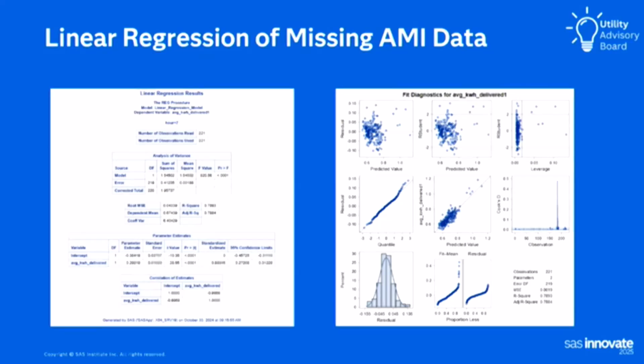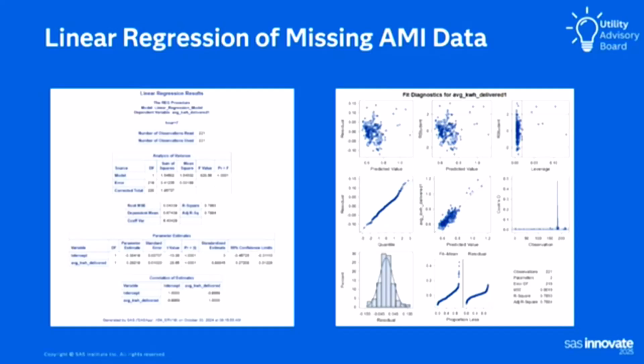For example, the chart here shows the analysis for the hour between 7 and 8 a.m. The dependent variable was the average kilowatt hour delivered to non-solar residential customers only, and the independent variable was the same hour readings from meters that were communicating properly, located in the same geographic areas and with about the approximate same sized homes. We excluded intervals with partial or no data from the training process.